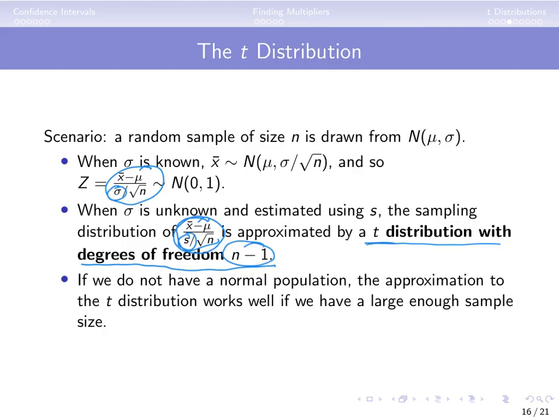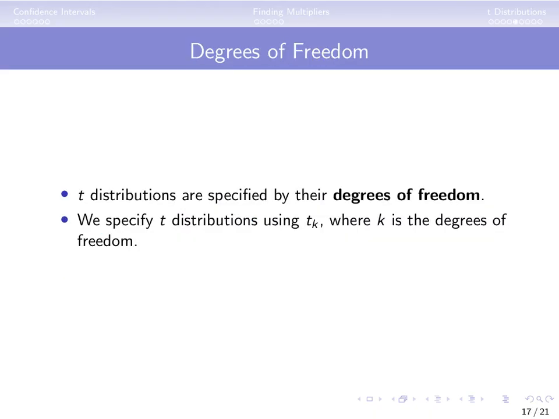So we are now looking at a t distribution instead of a standard normal distribution. If our population was originally not normal, then the approximation to the t distribution works well if you have a large sample size. So under some circumstances, this quantity will follow a t distribution instead of a standard normal distribution.